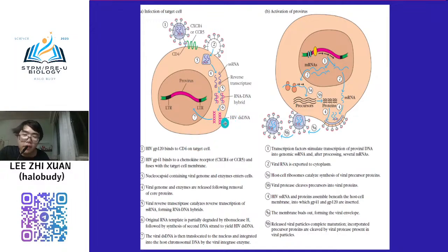Now your virus is forming viral double-stranded DNA similar to human, because they need to change to DNA first.